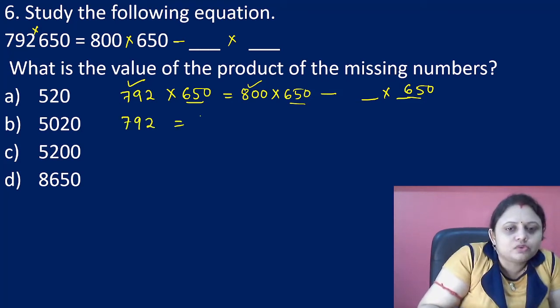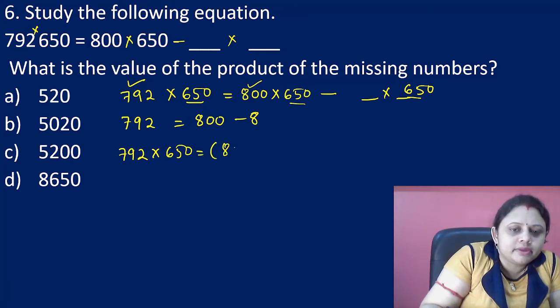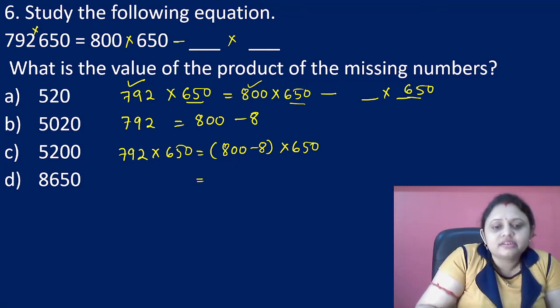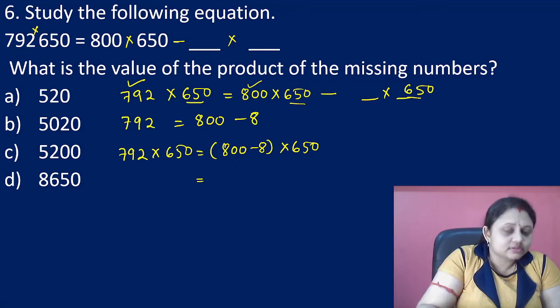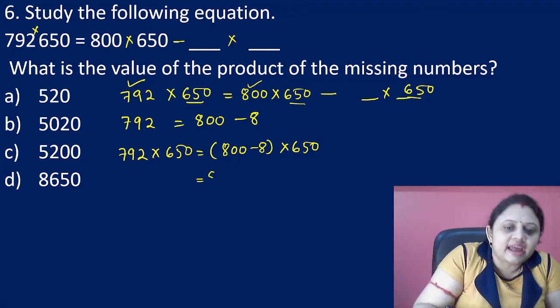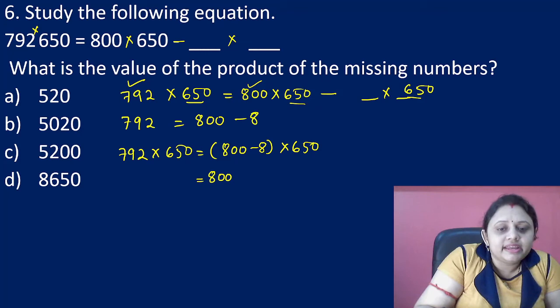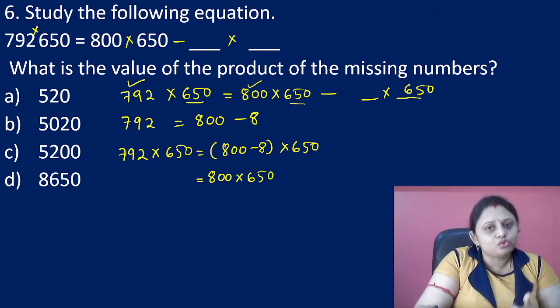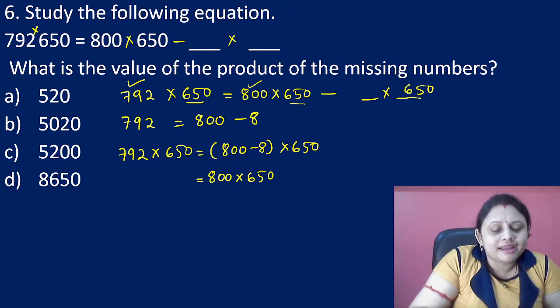792 is equal to 800 minus 8. So 792 into 650 will be 800 minus 8 into 650. When we open the bracket, we do these things. 800 and minus 8 is present in the bracket, into 650.